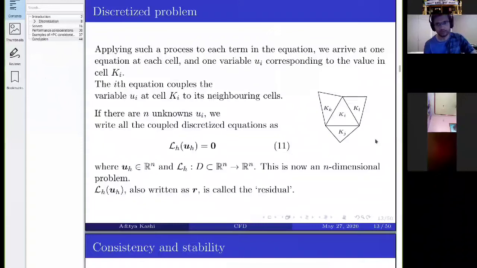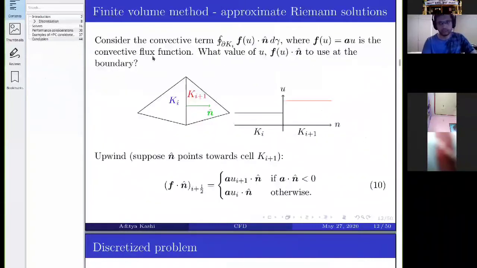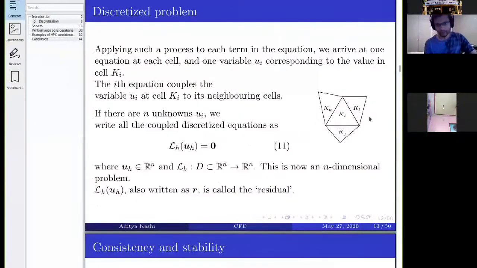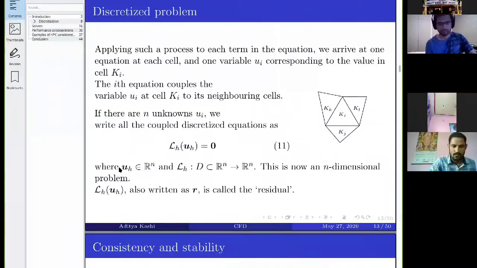Because depending on the upwind numerical flux, we would pick up the value from either this cell or this cell. So the dependence is on the neighbors in the most simple case. So once we write out this discretized equation, this L of U equals 0 for the cell i, we would have an equation that couples the unknowns on these 4 cells in this case.